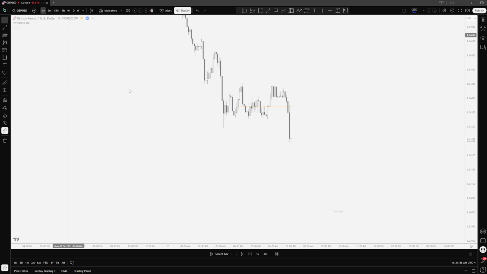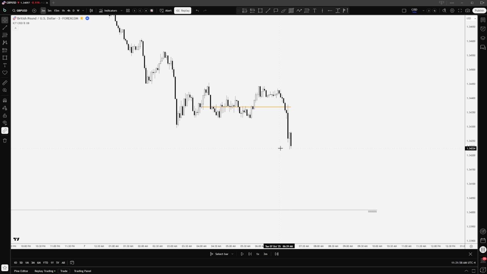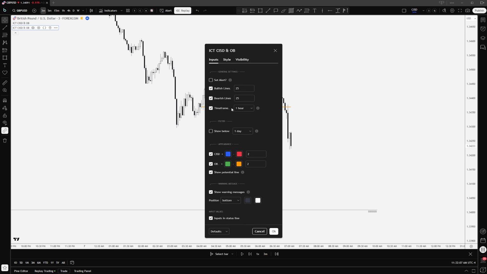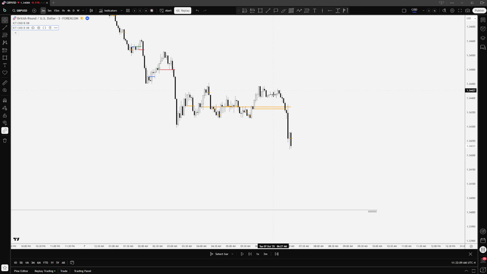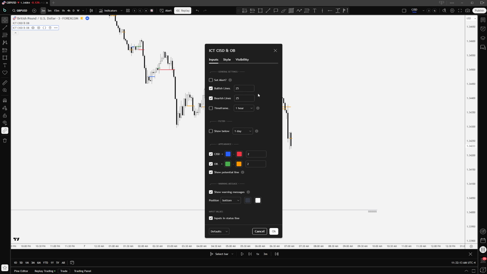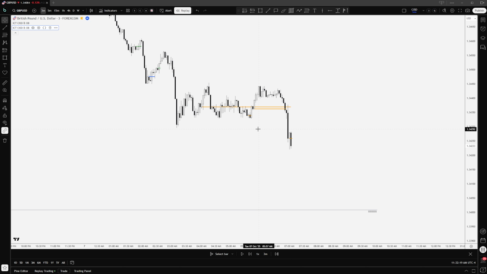You can go even lower in this case if you're looking for an entry, in this case targeting this low, and you could simply apply the same indicator again if you're looking for entries in this time frame as well. You can do that. At the moment I've just had this at 25, but let's say I'm just looking at the last 3 closures.